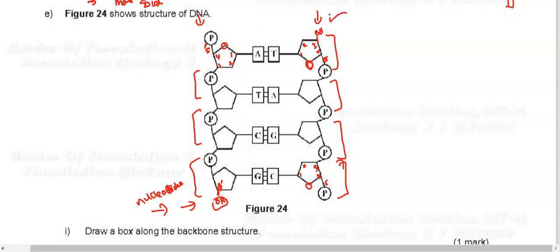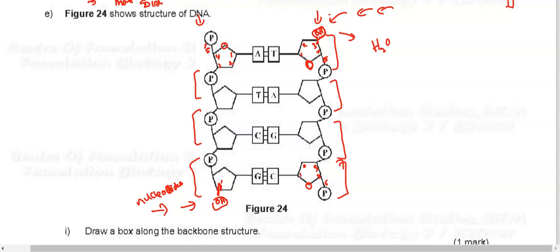So if you add more nucleotides to the existing chain, you always add the new nucleotide at the 3' end, at the sugar that has carbon number 3, because the hydroxyl at carbon number 3 is involved in condensation, which involves the removal of a water molecule.